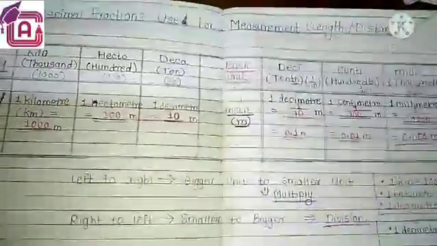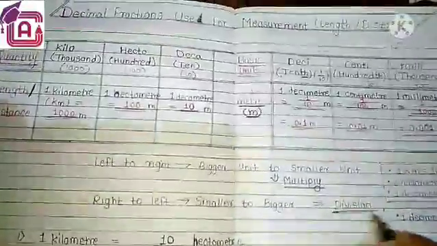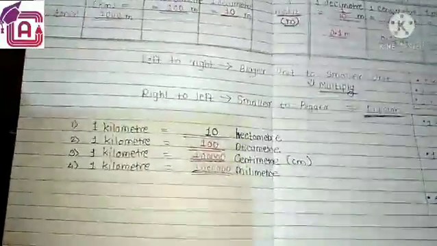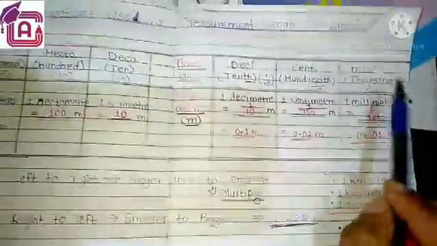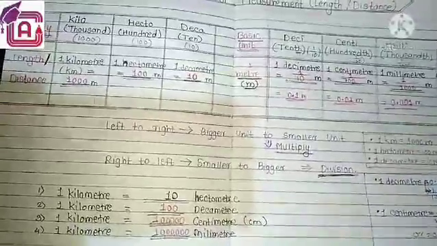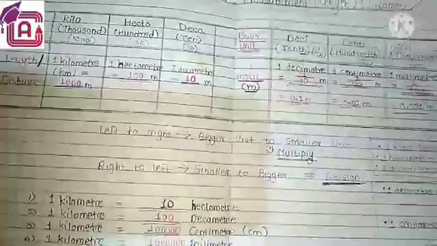Now this thing happens when we are going from left to right. If I have to come from right to left, obviously we are performing division operation. So look here at how this division is performed. Now if the question is like this, 1 centimeter is equal to how many meter? That we already counted.